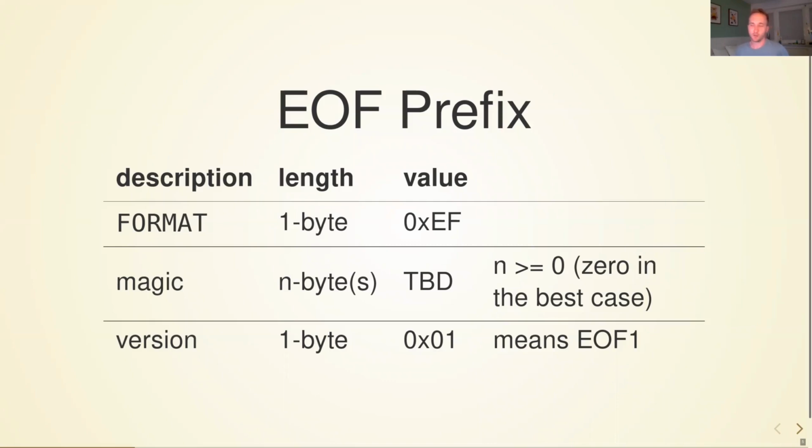And finally, there will be one byte with the EOF version, and what the EIP proposes is the specification for EOF version 1, so the value 1 will go there.